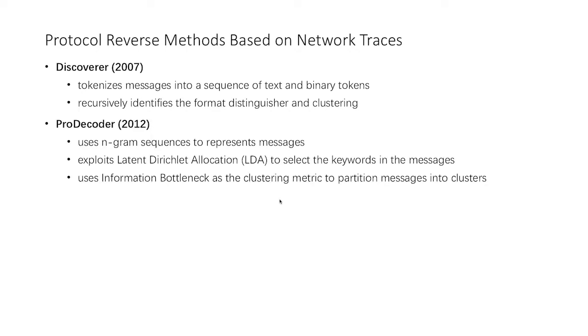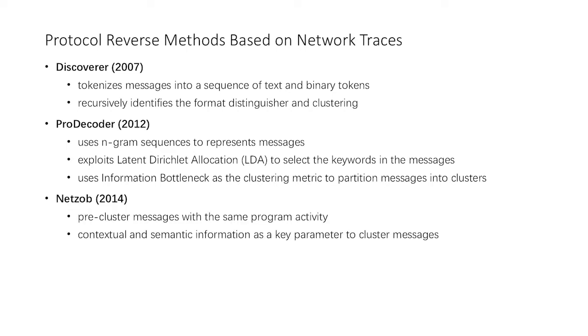ProDecoder first uses n-gram sequences to represent messages and exploits latent Dirichlet allocation to select the keywords in the messages. Then, ProDecoder uses information bottleneck as the clustering metric to partition messages into clusters based on their keywords. Netzob also introduces contextual and thematic information as a key parameter to cluster messages and partition the fields in the message.